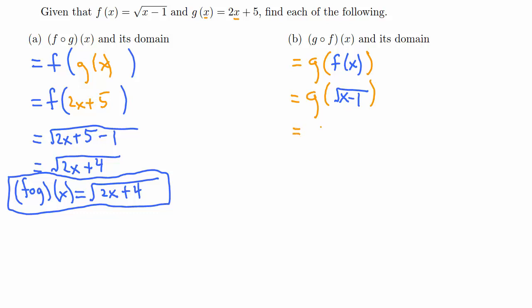So this is going to become 2 square root of x minus 1 plus 5. Notice that literally this x simply becomes whatever this parentheses is. Okay, so 2 square root of x minus 1 plus 5, there's nothing you can do here, so that means that this is actually g composed of f of x.